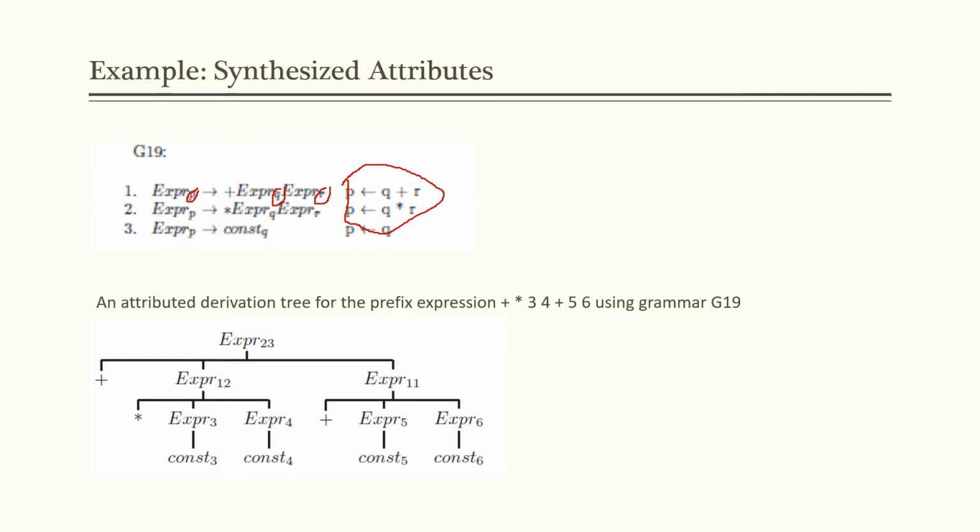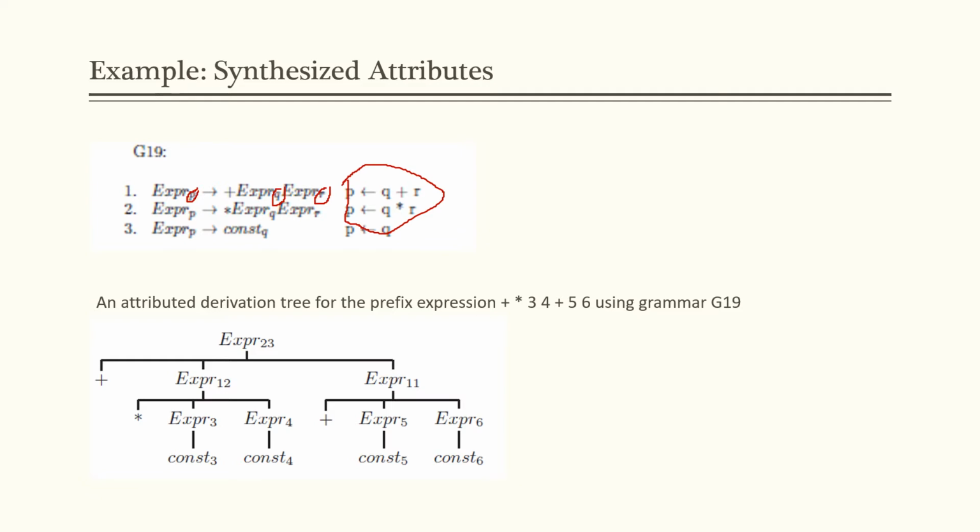Attribute rules are used to indicate the operations that we want to conduct on the attributes that we have assigned for each of the non-terminals. So what we want to do with P, what we want to do with Q, and what we want to do with R.